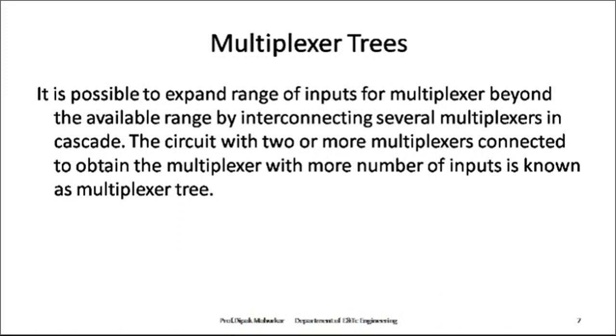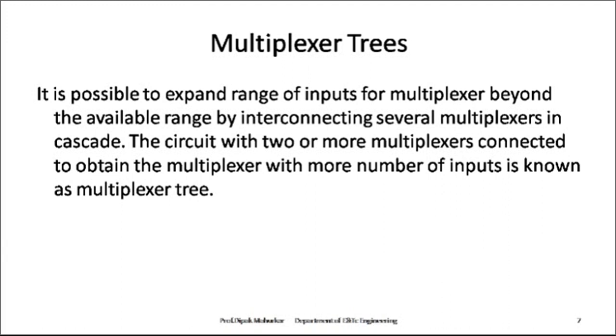Okay, means if you have a 2 to 1 multiplexer and you want to design a 4 to 1 mux, in that case 2 to 1 multiplexers will be cascaded, and we can design a 4 to 1 mux.